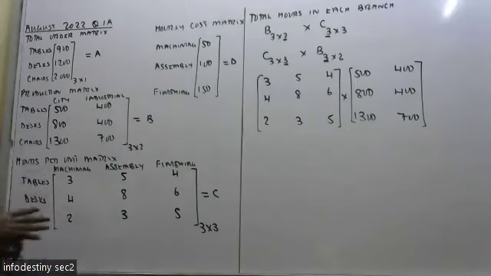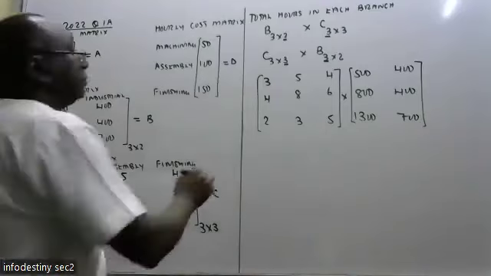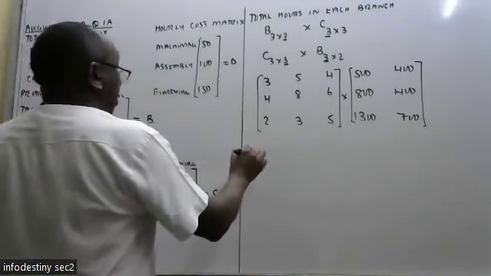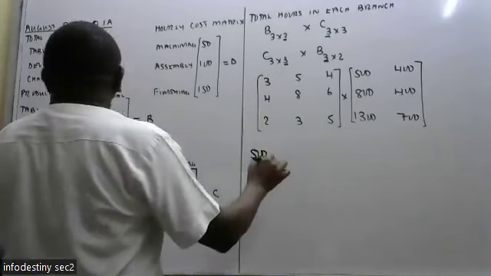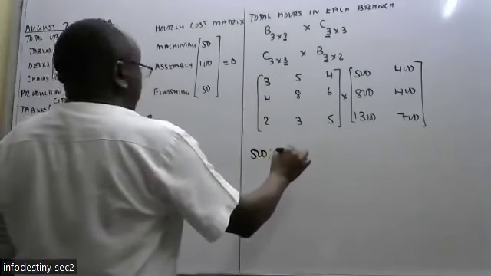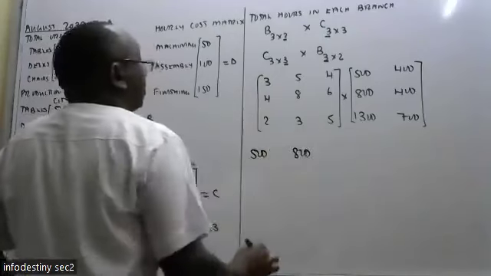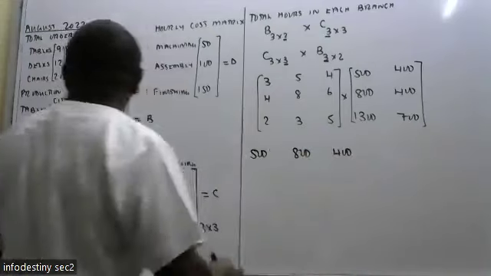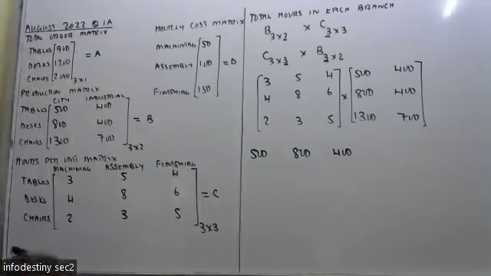What if we interchange now, so that we have it this way? What if I interchange? I have it this way: 500, 800, and 400.